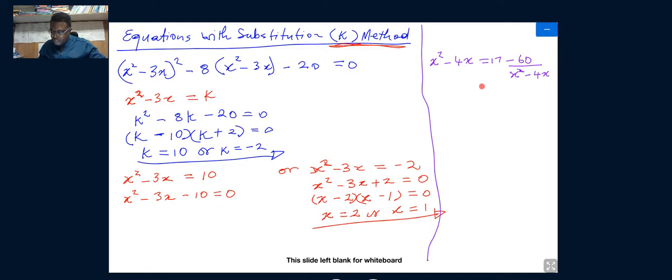So you can see this x squared minus 4x can be equated to k.